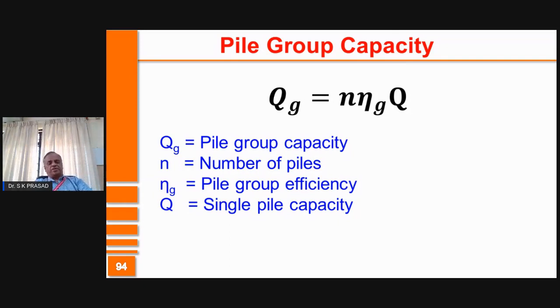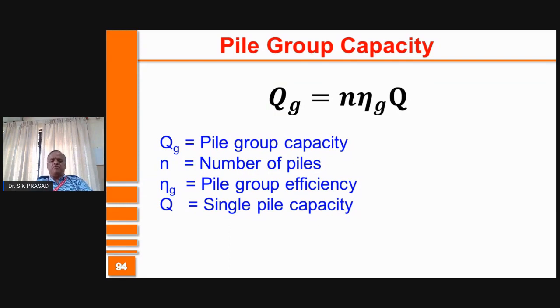What is the group capacity? Will it be 10 into 1000, 10,000 kilonewtons? No, not at all. It will always be less than 10,000 kilonewtons, less than n into Q. And hence, how much less is expressed in terms of pile group efficiency.